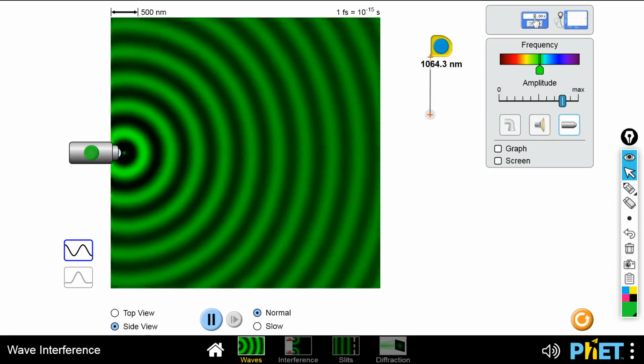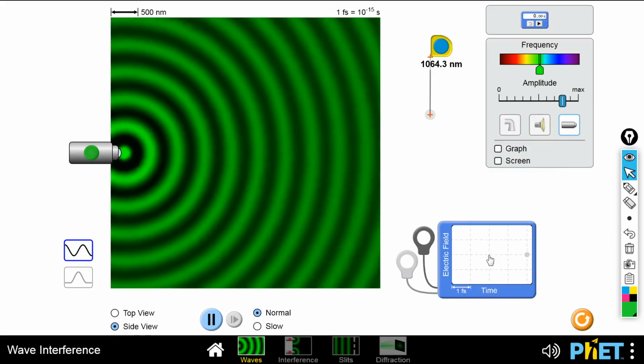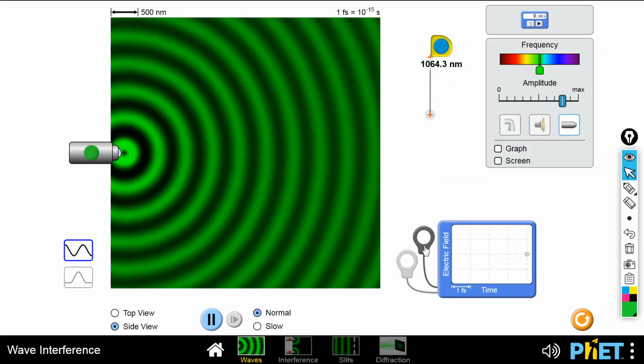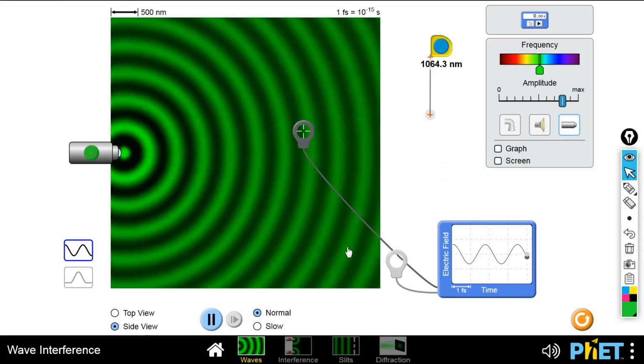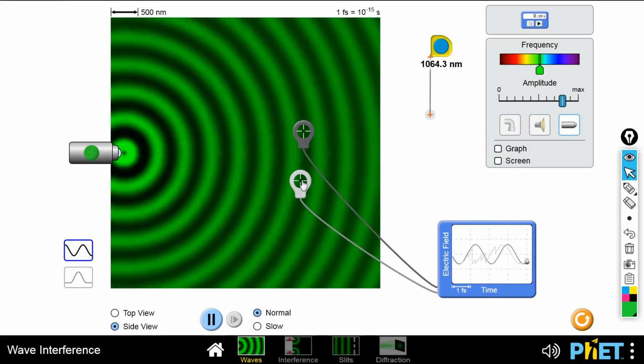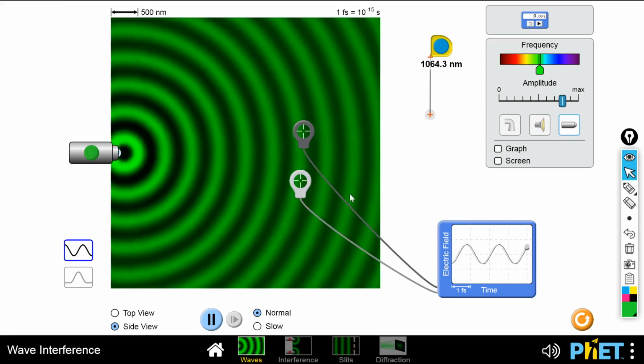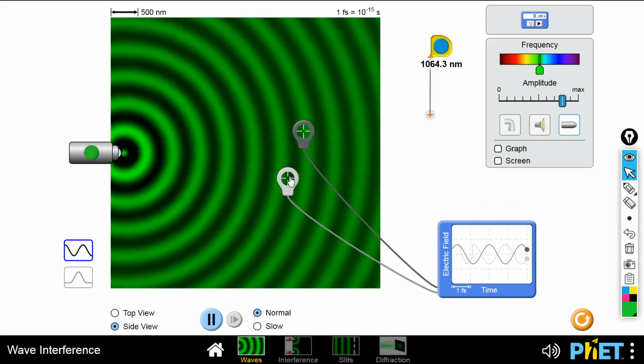We have another thing up here, which is a graph tool, which has two measuring devices. I can stick them over here, anywhere I want, and that way I can compare two different positions at the same time. Let's put them a little bit further apart.